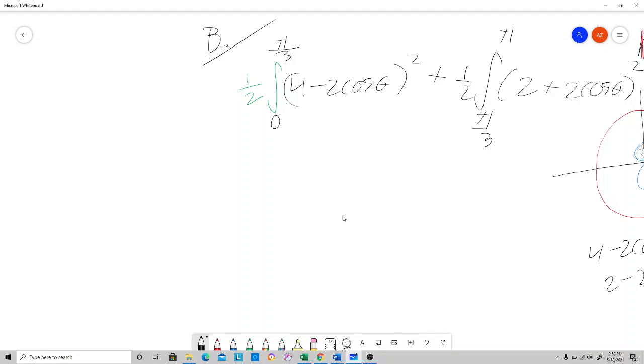So if we do them individually, if we just do this integral first, we're gonna have 1/2 from 0 to pi over 3. That's gonna be 16 minus 16 cosine theta plus 4 cosine squared theta.